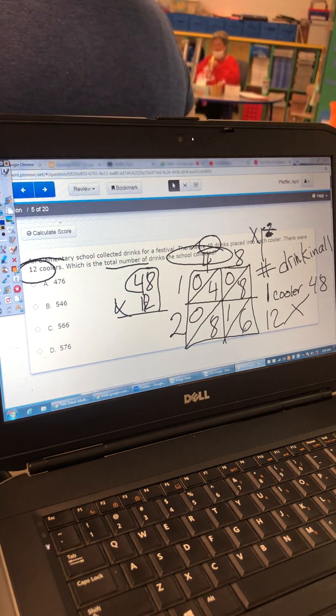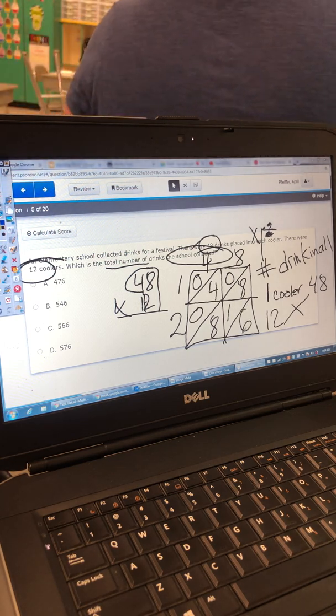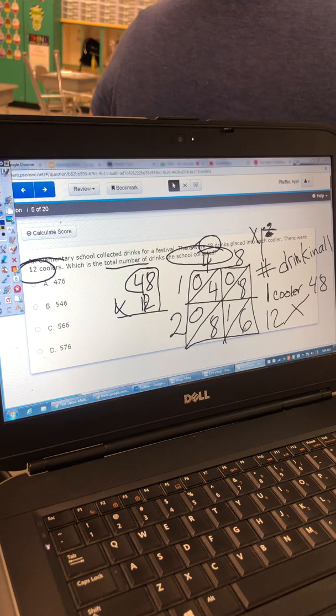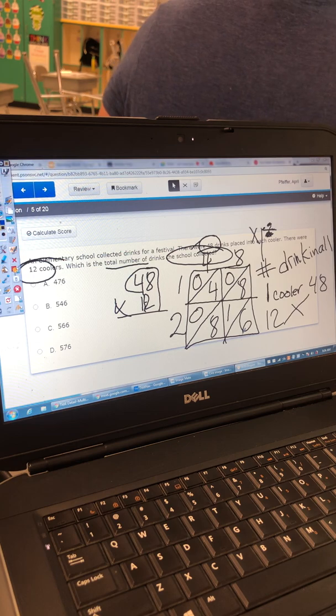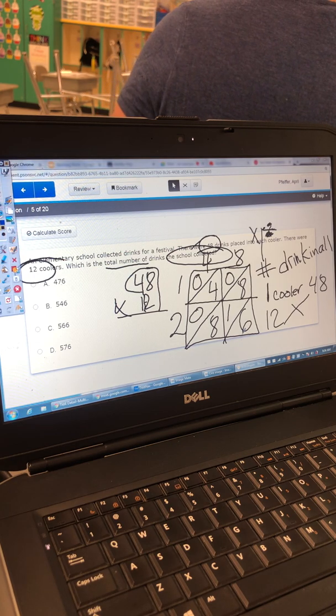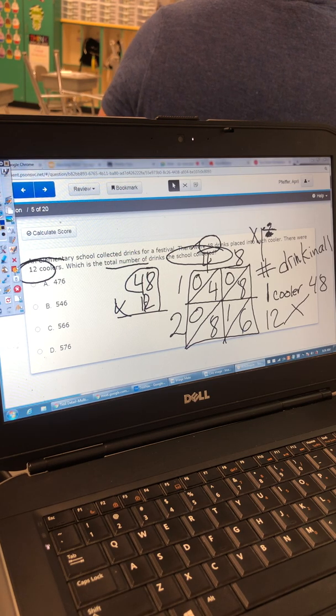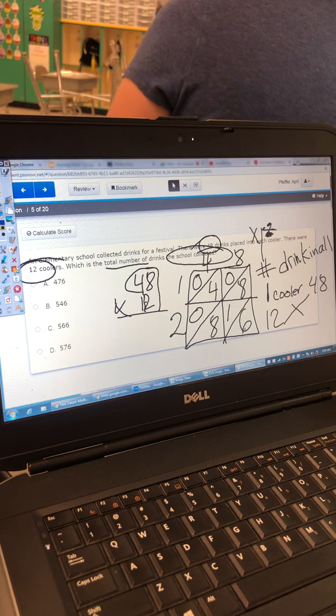This is called lattice. You multiply each digit by each digit, and you put the number, so the ones digit is going to be in this place, and the tens digit is going to be in this place. Well, we're not there yet.